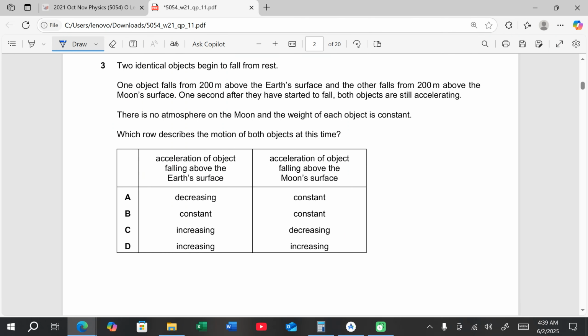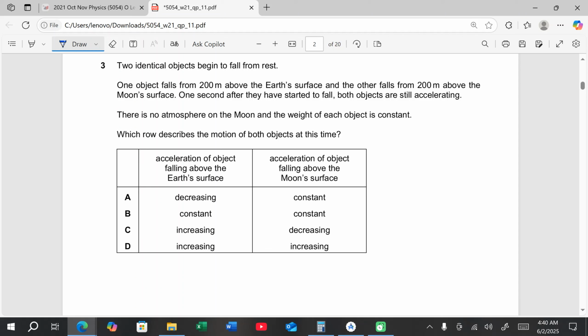Two identical objects begin to fall from rest. One object falls from 200 meters above the Earth's surface. The other object falls 200 meters above the Moon's surface. 1 second after they have started to fall, both objects are still accelerating. There is no atmosphere on the Moon. The weight of each object is constant. Which describes the motion of both objects at this time?